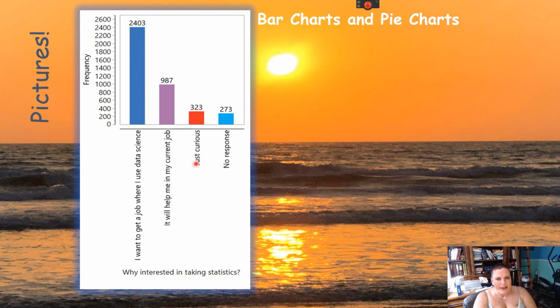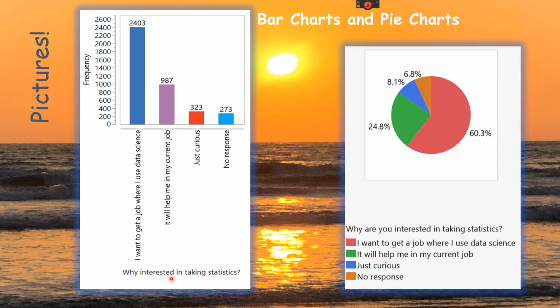Instead of a numerical scale for your x-axis, you have these categories. The categorical variable, by the way, is why are we interested in taking statistics. That was a bar chart that I made, and here's a pie chart.